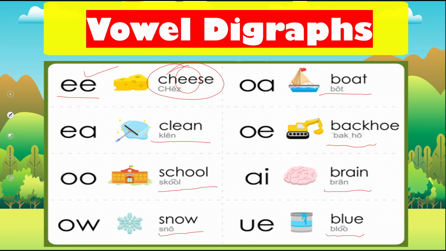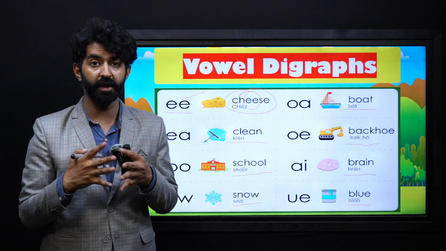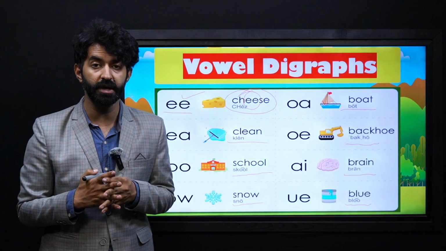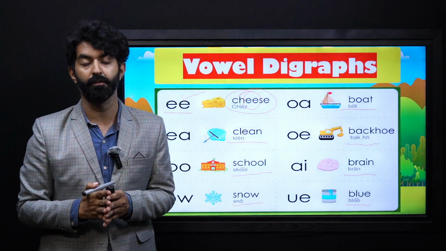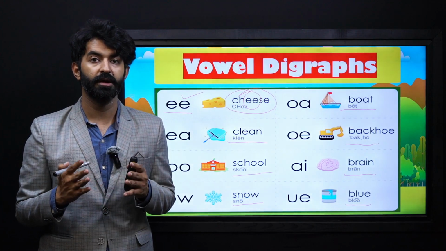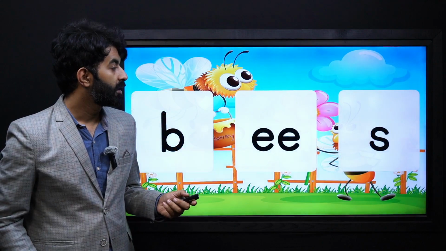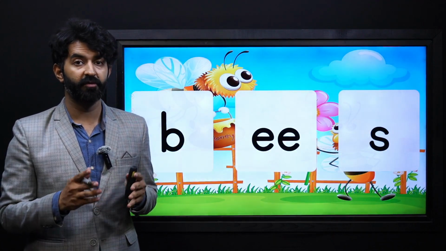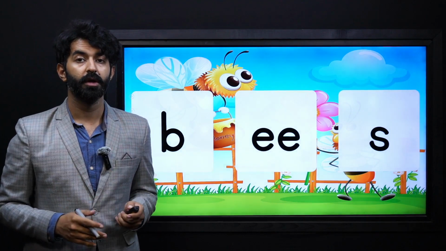So in all these words, you can see that two vowels are together, the alphabets are together mostly, and they are producing one vowel sound at a time. Hence they are called digraphs of vowels or vowel digraphs. Let's look at more examples. We have broken down the words in that order for you.